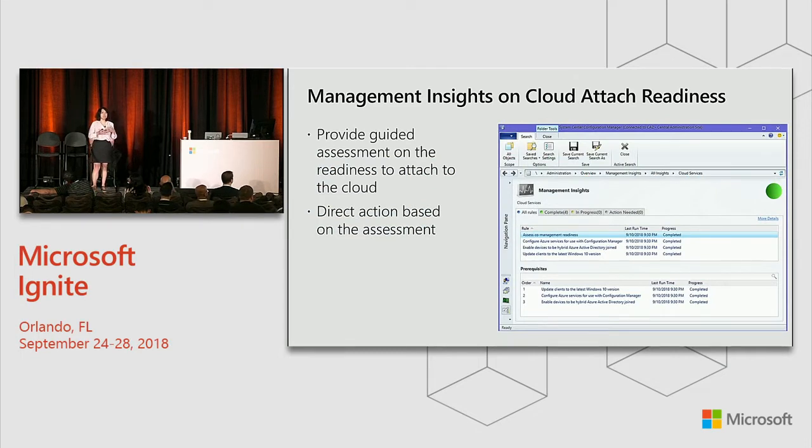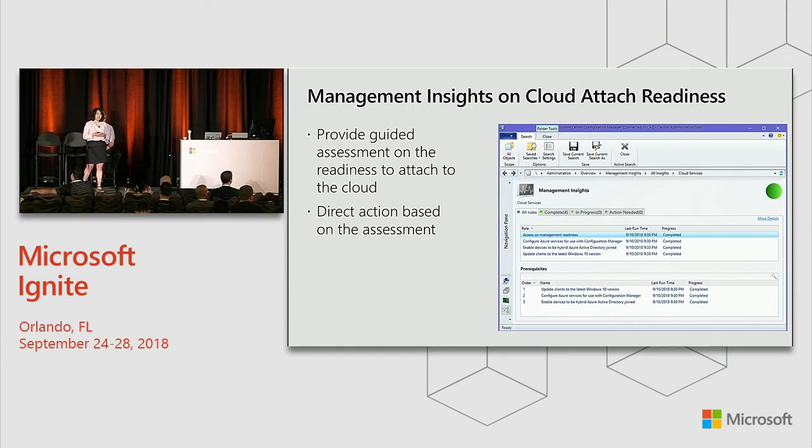With all these things that you need to get ready, is there a way for you to tell how close you are? Yes, there is. ConfigMgr, starting in 1802, has a feature called Management Insights. ConfigMgr has been collecting a wealth of data from your devices, and we want to use this data to help you make data-driven decisions.